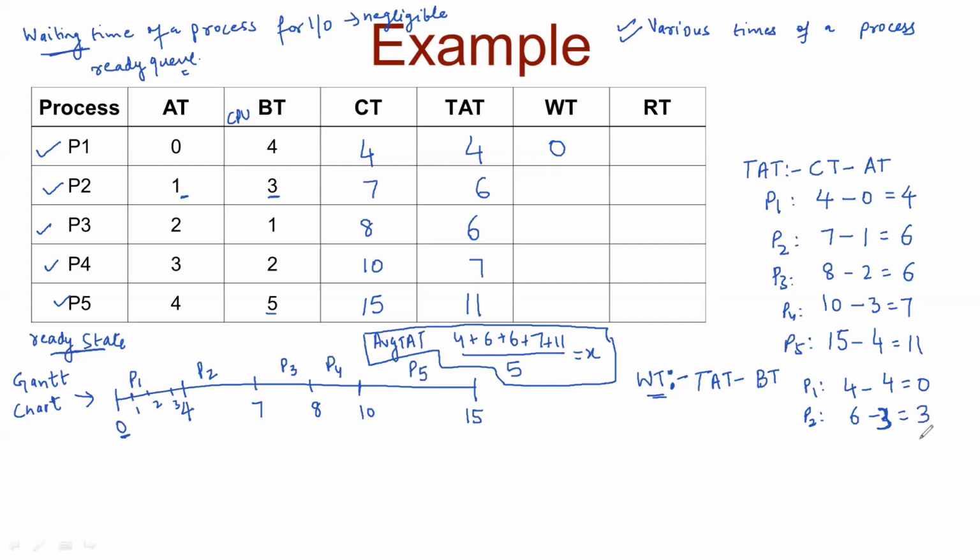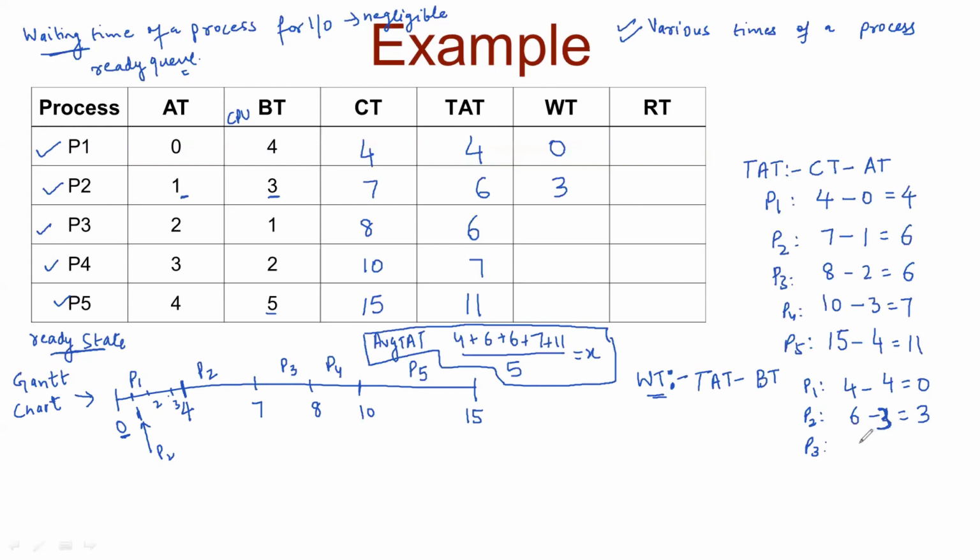So it means process P2 waits for a CPU for 3 time units, which is also visible. Process P2 came in the system at 1 time unit and it was allocated CPU at this. So you just compute 1, 2, 3. So waiting time is 3 time units. You can verify your computations with Gantt chart as well.